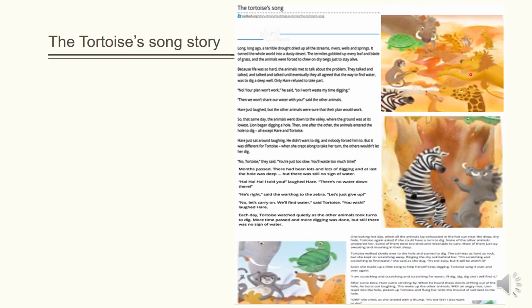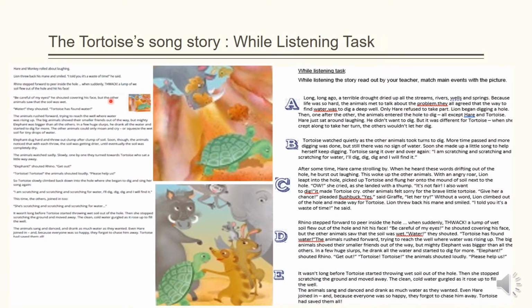The story itself, I am not going to read through it. I'm going to put a tag right there for grade 5, how the reading of the story is done in grade 5. As you can see, the story has pictures.